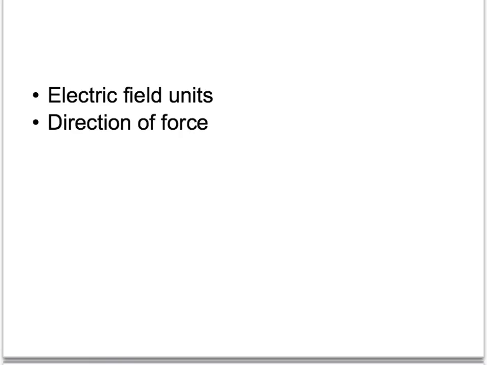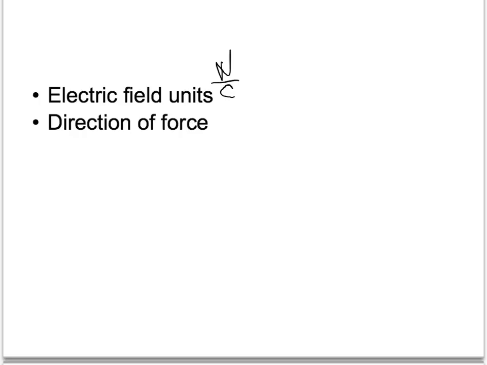Just to review, these are key points. The electric field units are newtons per coulomb, just like gravitational field is newtons per kilogram. The direction of the force is always along the field lines, and we consider those field lines to represent the way a positive charge would move.